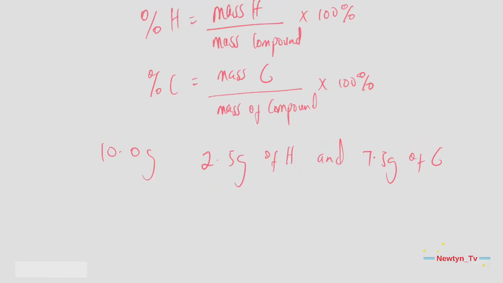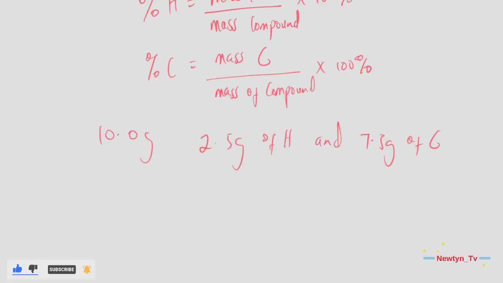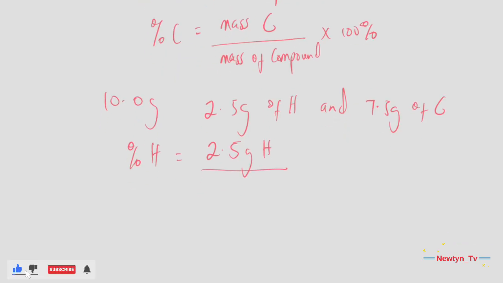As we said, to calculate for H, let's look at the H first. So percentage for H will be the mass of H. The mass of H is what? 2.5 grams of H divided by the total mass of the compound, which is 10.0 grams, and then you multiply by 100%.